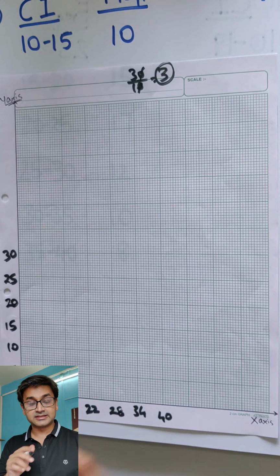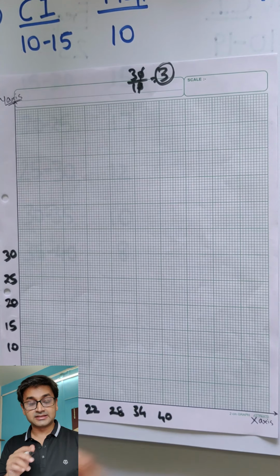So now the gap is uneven. So whenever the gap is uneven, we use something called a kink. Kink is a Z which we make, and with the help of the kink, it denotes that there is something over here which we have changed. So the teacher will understand that, and if you don't draw the kink, you straight away lose 1 mark. Remember that.